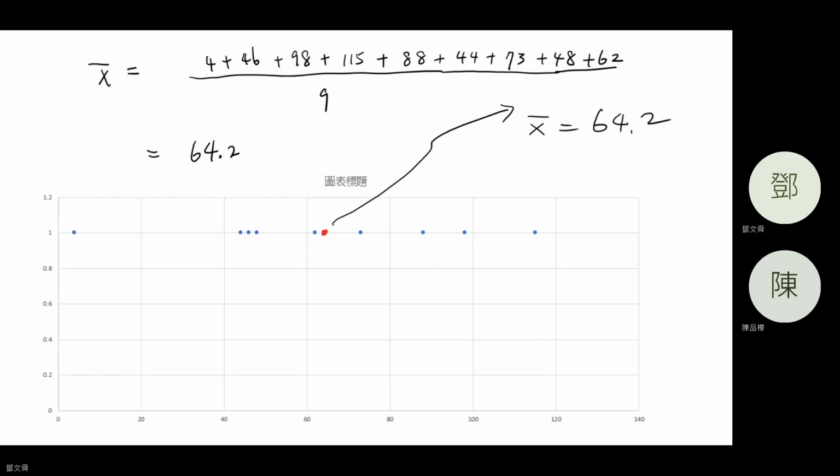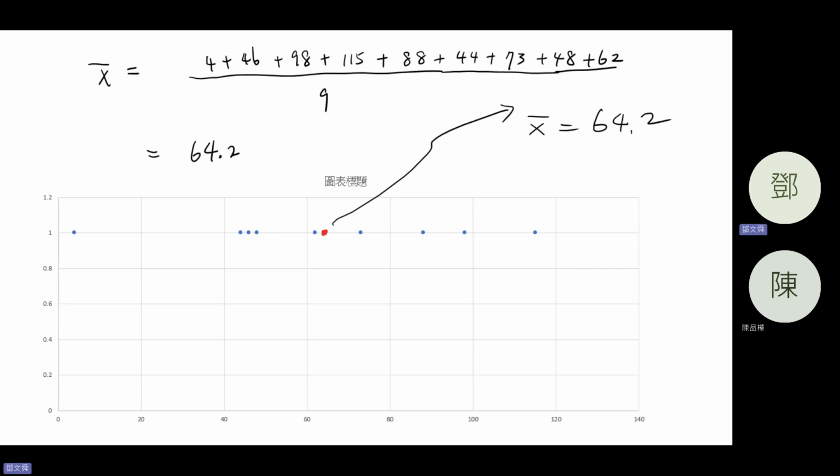Is it the central location of the 9 numbers? Approximately, yes. Roughly, yes. And the calculation of mean is simple.